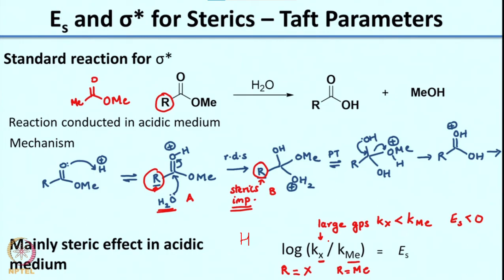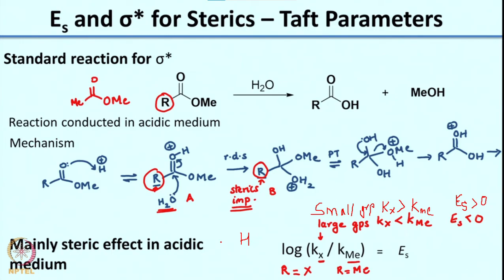That means kx will become larger than kMe if a small group is there. Small group means proton, correct? And Es will become more than 0 in the case of a smaller group. That is more favorable, correct?